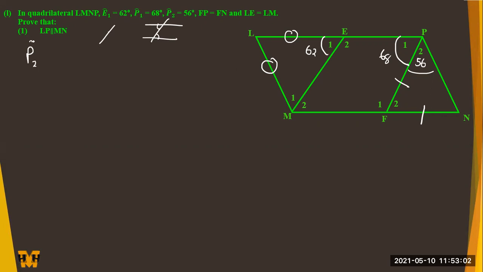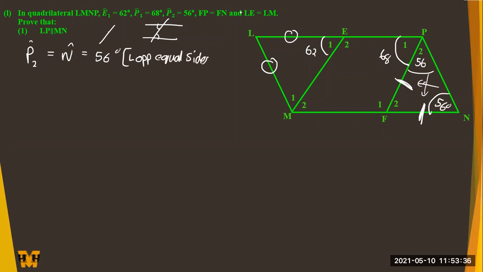I'm going to say angle P2 is equal to angle N is equal to 56 degrees there. Angle P2 will be equal to angle N, and that will be equal to 56 degrees because it's angles opposite equal sides. Can you see in this triangle? That one opposite that one.